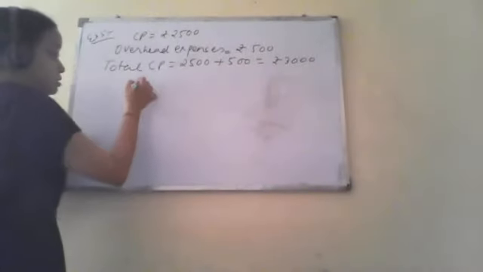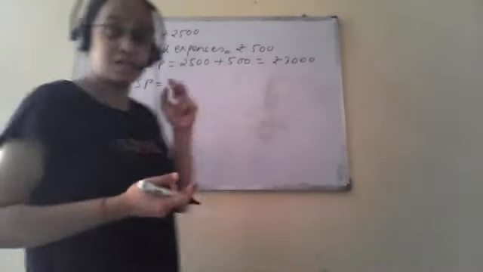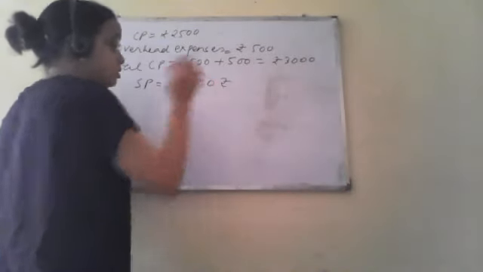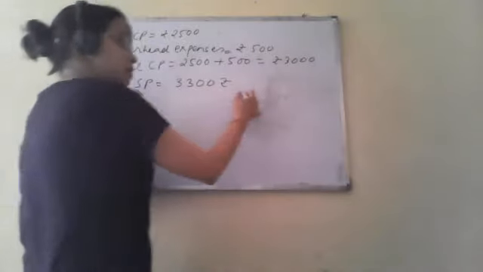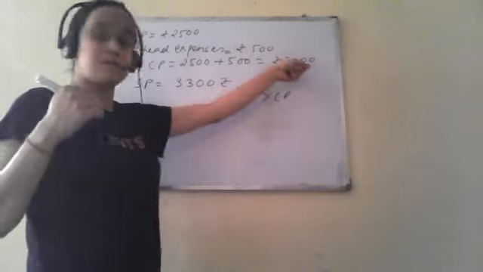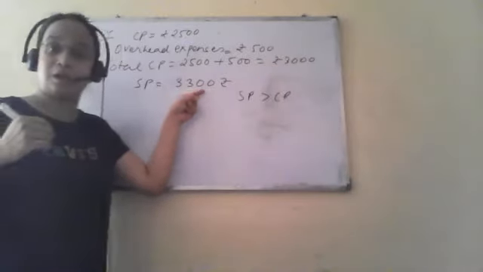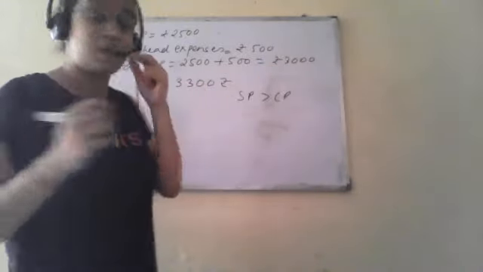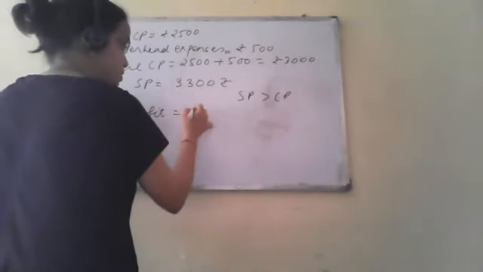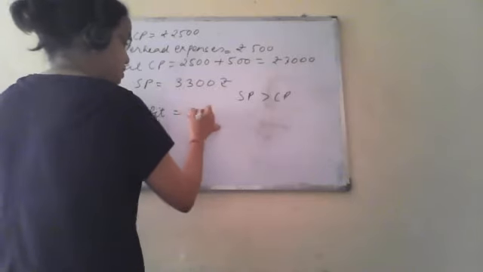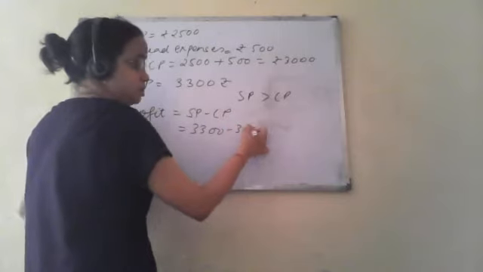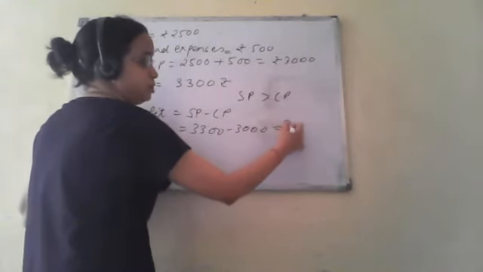Now the selling price, the price at which he sold it, was rupees 3300. This selling price is greater than cost price, so he is in profit. It cost him rupees 3000 and it is sold for rupees 3300, so he gains a profit of rupees 300. Profit is selling price minus cost price, rupees 3300 minus 3000, which is rupees 300.